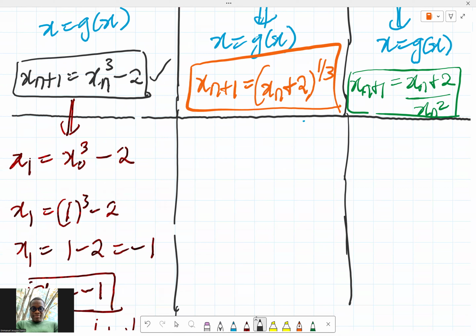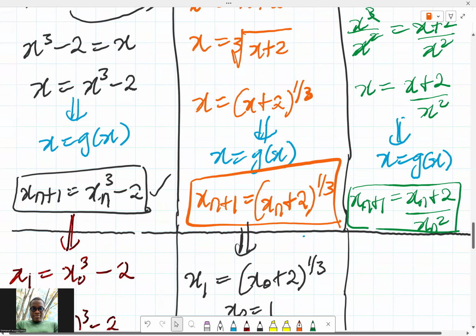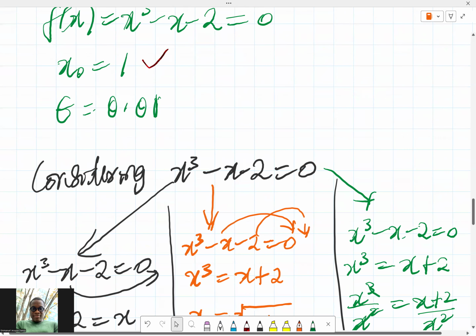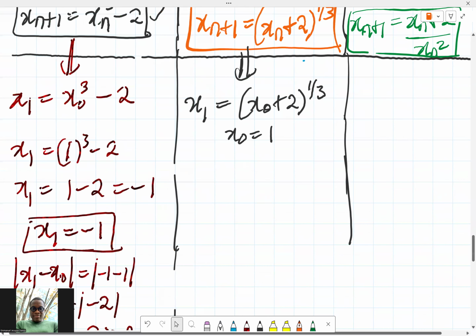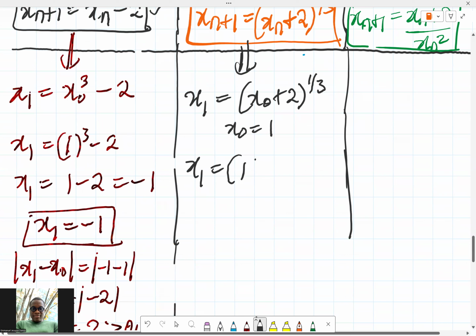So for this next one, for the first iteration, we have x1. When n is 0, we have x1 equals x naught plus 2 raised by 1 over 3. Thankfully, x naught is equal to 1, from up here. So that means x1 is equal to 1 plus 2 raised by 1 over 3.